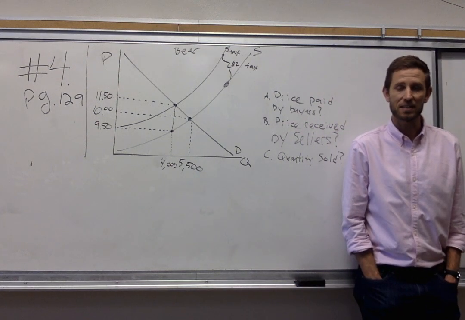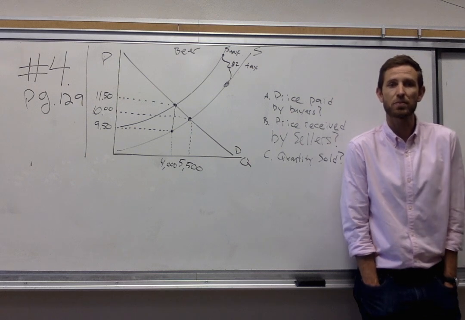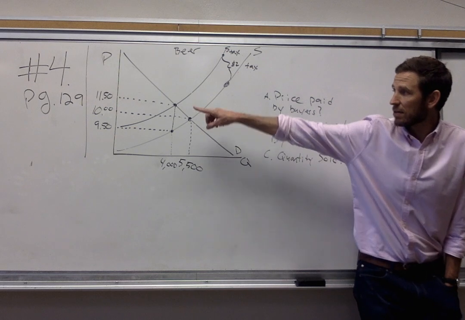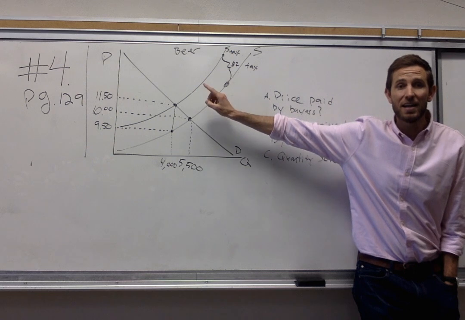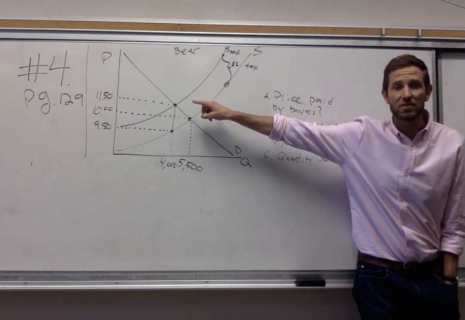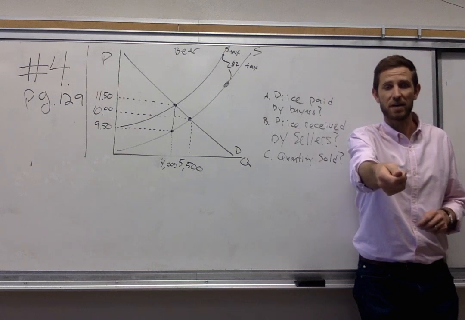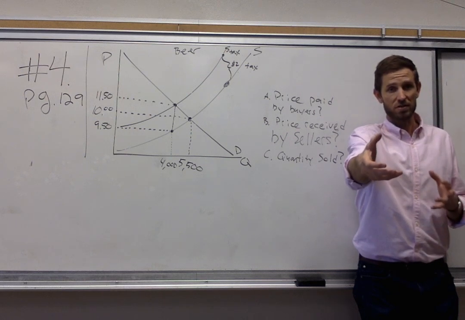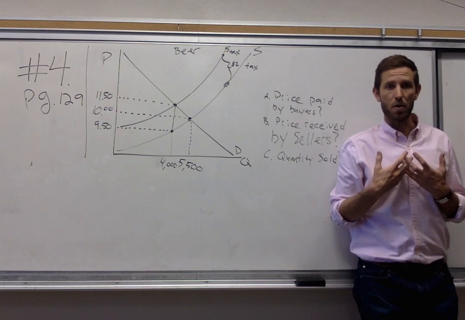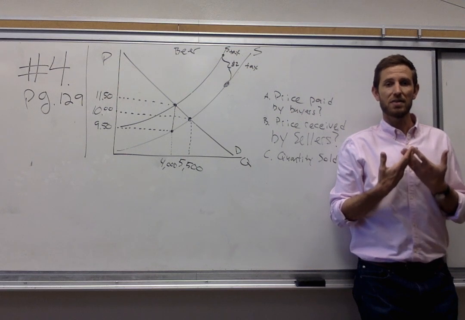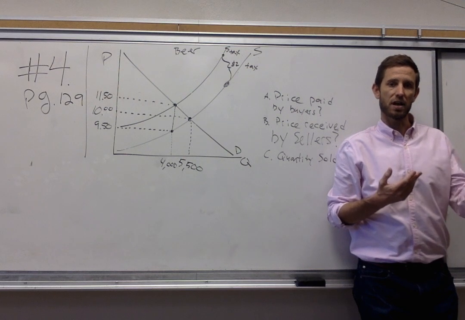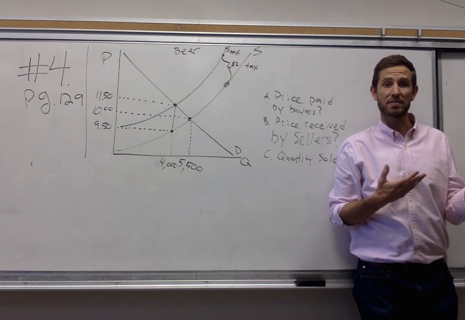Once the tax is put into place, first thing we want to know is what's the price that buyers are going to pay. Well, we can see that right up there. The price buyers are going to pay is $11.50. So that's what a buyer hands over to the clerk when they buy a 6-pack of beer. Of course, the business doesn't get to keep all $11.50, right? Some of that $11.50 is owed to the government in the form of that $2 tax, right?